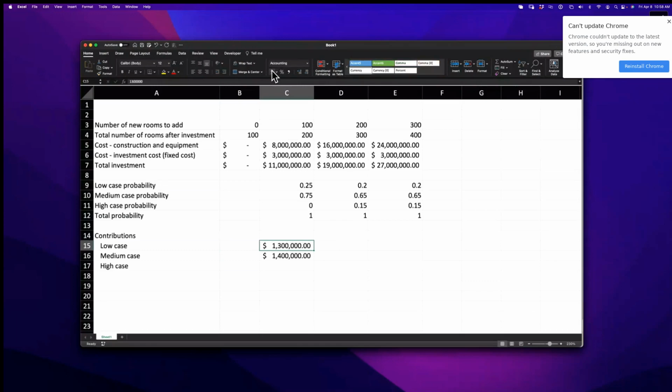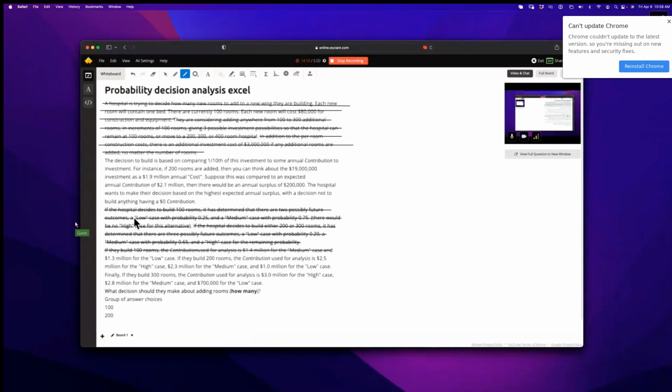Okay, that's 1.3 million. So if they build 100 rooms, it's 1.4 million for the medium case. 1.3 million for the low case. There's no probability for the high case.